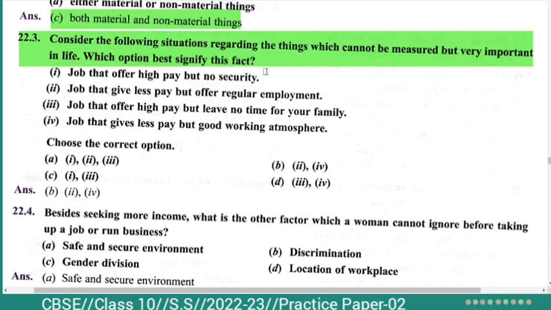Fourth, job that gives less pay but good working atmosphere. Choose the correct option. Here second and fourth, present in option B, is right. Job that gives less pay but offers regular employment, and job that gives less pay but good working atmosphere are the correct or best options.